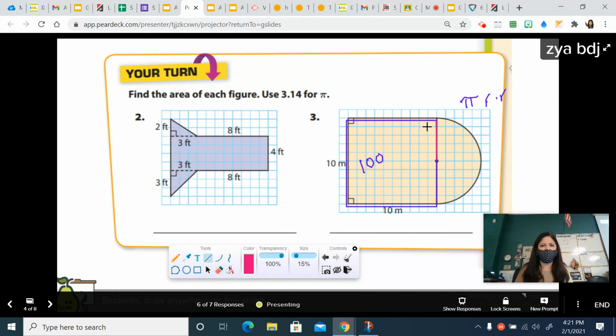I know the diameter is 10 because of this, so half of my diameter would be 5. So I'm going to do pi times 5 times 5, and then I have to divide it by 2. Don't forget to divide it by 2. So that's going to give you 39.25. So you end up with 139.25. All right, thank you.